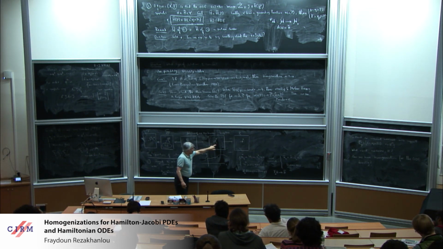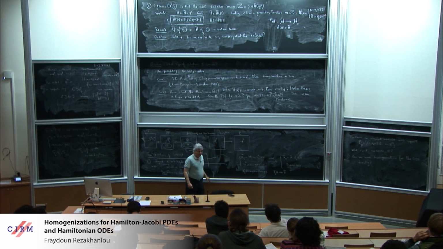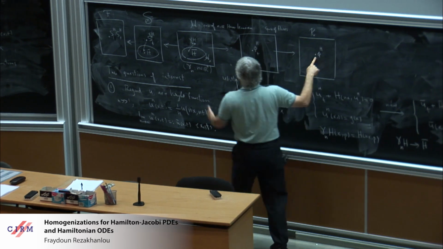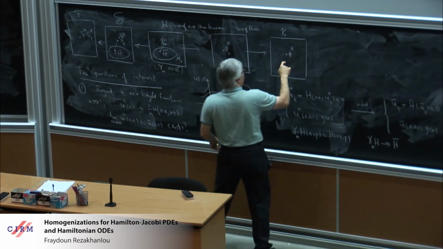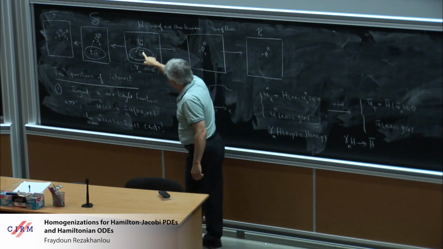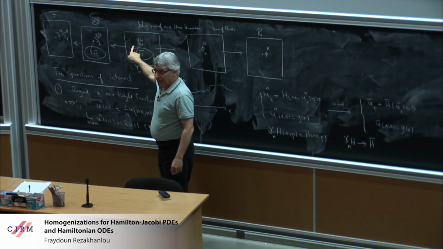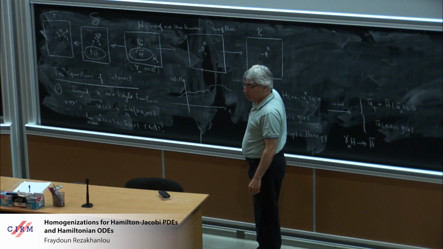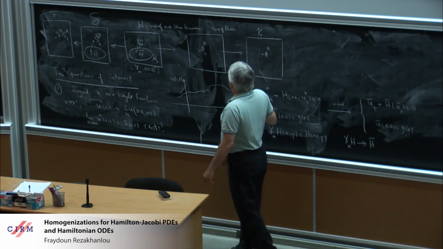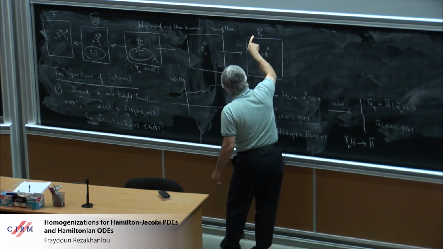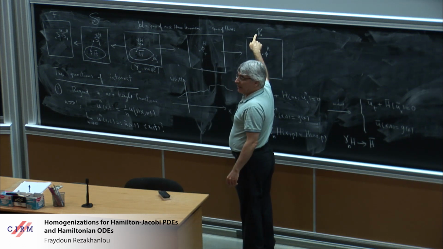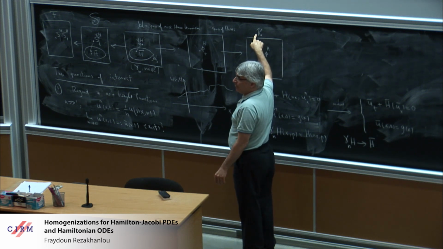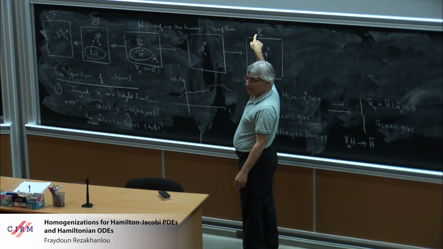Now, you may wonder whether a similar thing is true here. Can I have a nice topology here that says that if these guys converge, that means the corresponding Hamiltonians converge? That would be more appropriate for questions you are interested in dynamical systems. You're interested in Hamiltonian ODEs. Indeed, there are two topologies exactly on this space that people in symplectic geometry discovered and used to say very interesting things about the corresponding Hamiltonian ODE.